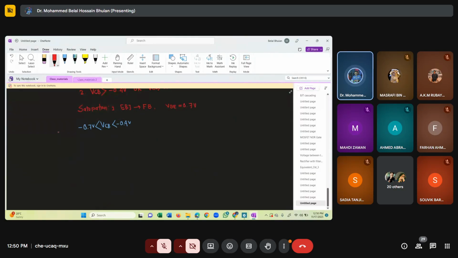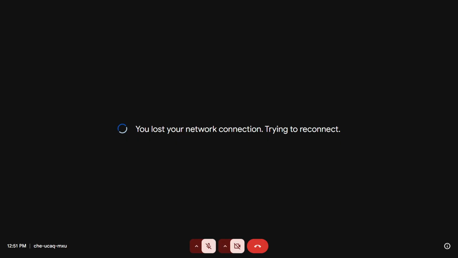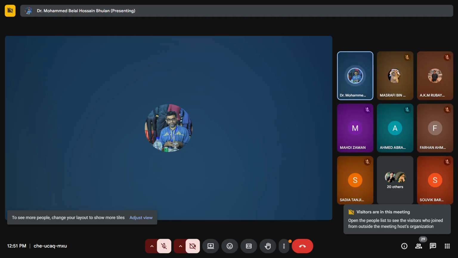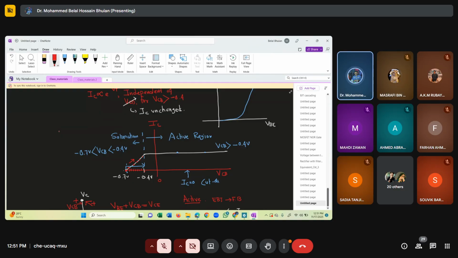VCB has to be greater than minus 0.7 volt or less than... when collector current is increasing, so that is our saturation region. And it occurs between minus 0.7 volt to minus 0.4 volt for VCB.